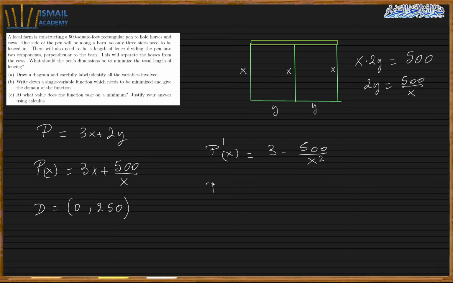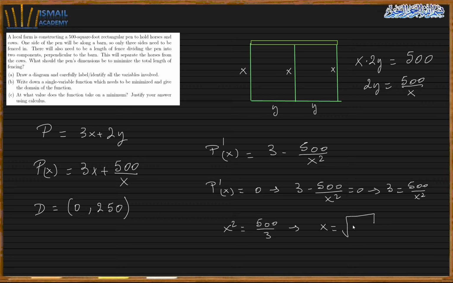So 3 minus 500 over x squared equals 0. So 3 equals 500 over x squared, cross multiply, so I get x squared equals 500 over 3. Take the square root, so x will be the square root of 500 over 3.